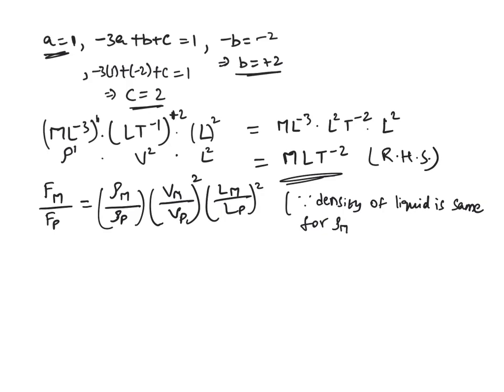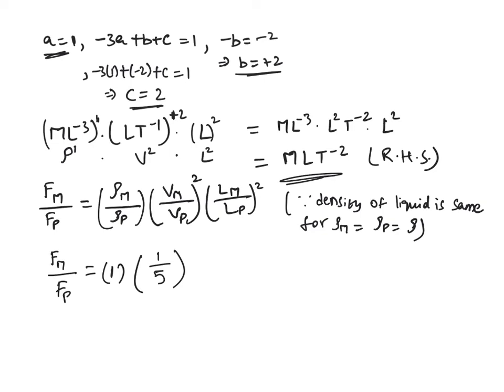That means rho m equals rho p equals a common density rho, so rho over rho becomes 1. So Fm over Fp is equal to 1 times Vm over Vp squared, which would be 1/5, which we got in the previous calculation of velocity ratios in part A.